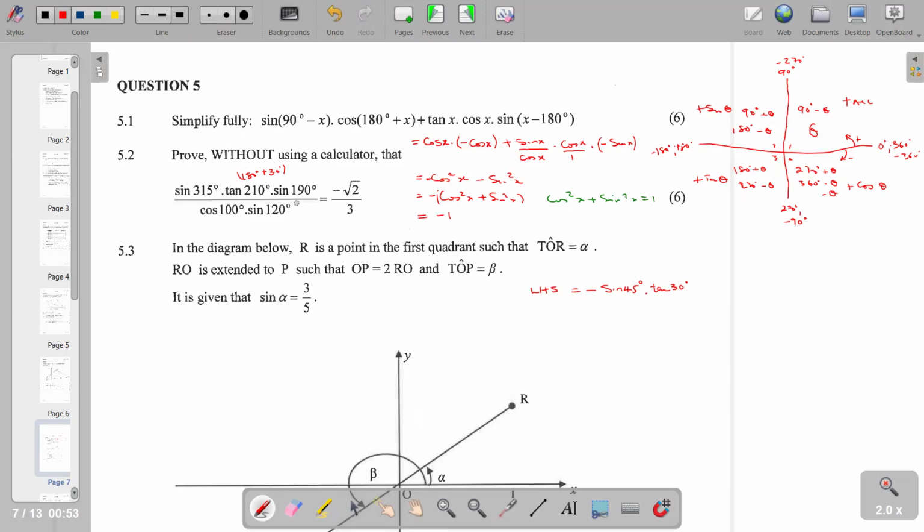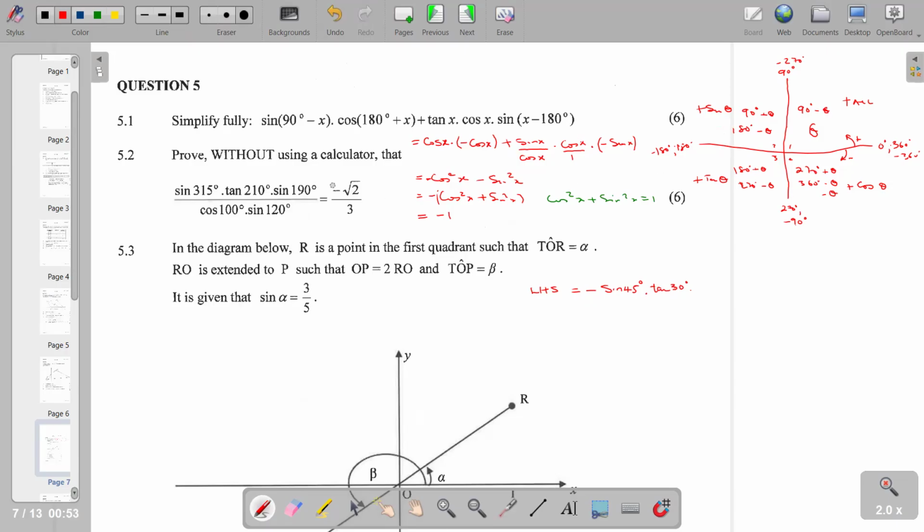Then we go to the third term. So we are having 190. 190 is in which quadrant? 190 is between 180 and 270. So it's in the third quadrant.